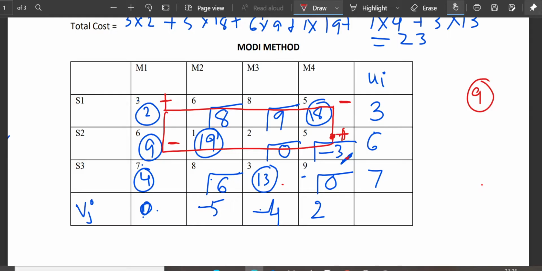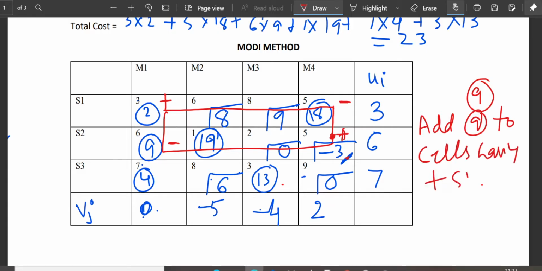But you have to do this. You have to add 9 to the cells having plus sign and subtract 9 from the cells having negative sign. So here where I am assigning this plus sign, one new circle will come with the value 9.